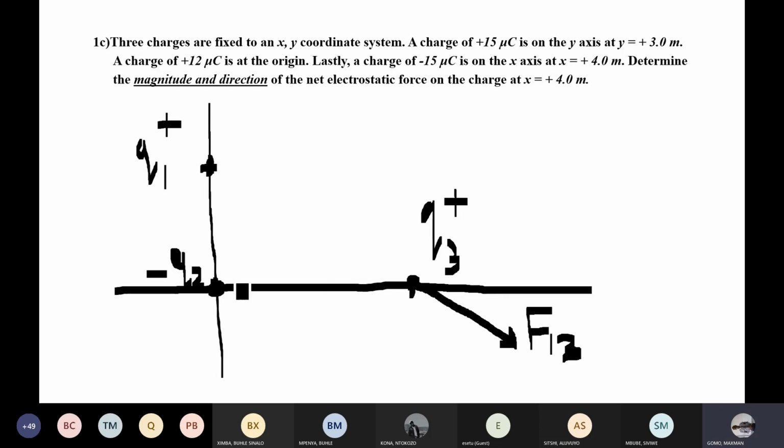Then particle 2, this one, it's negatively charged. So since it's negatively charged, it's going to be attracted. There's going to be a force of attraction. Since this one is positive, this one is negative, they're going to attract each other. So you have something like this. You have a force going this side and this one here.